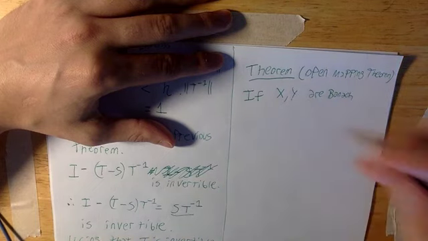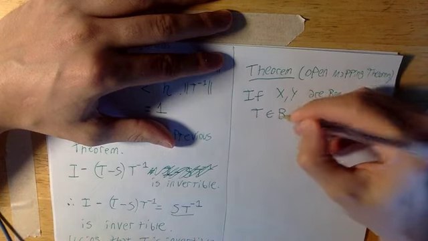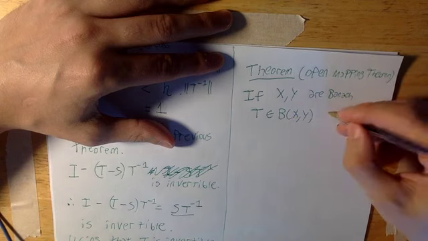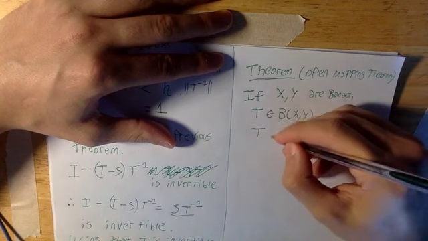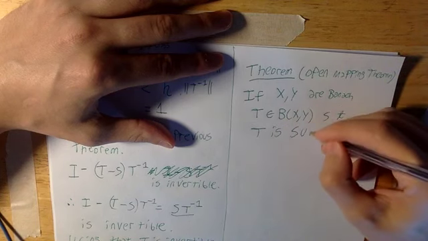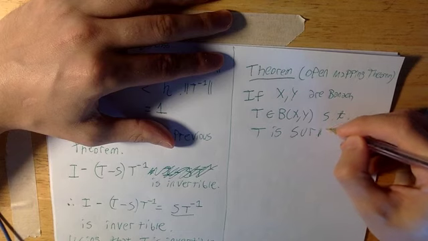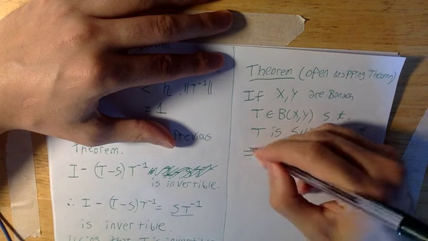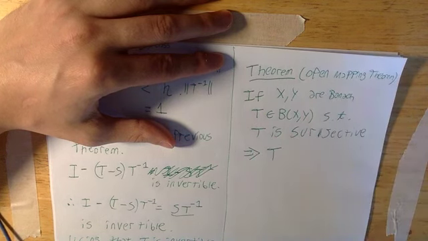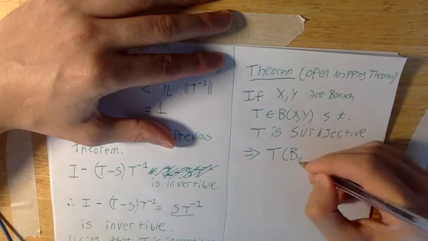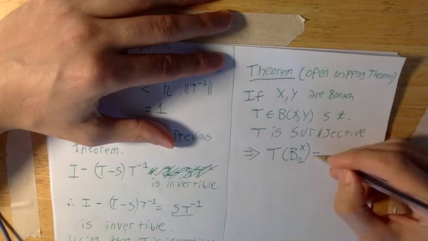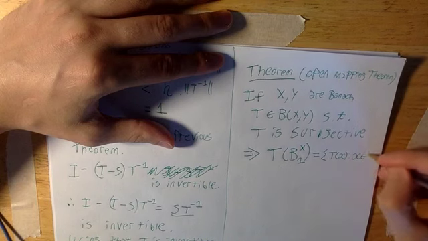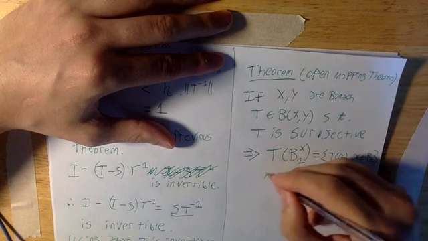If X and Y are Banach, T is a bounded operator going from X to Y such that T is surjective, then the image T of B1 of X, which is the set of T of x such that x is in B1, is open.